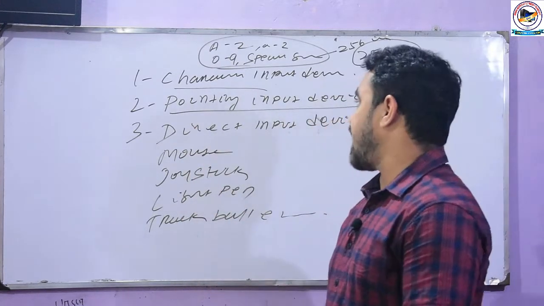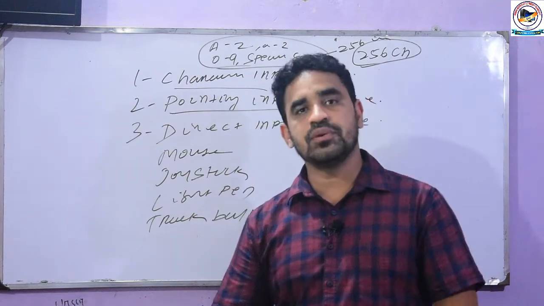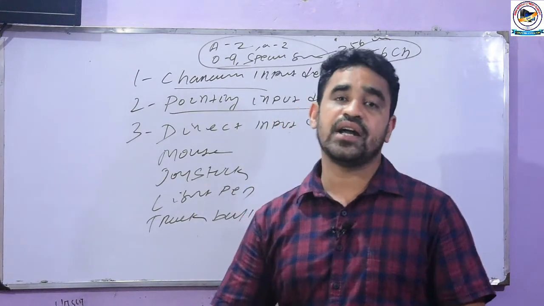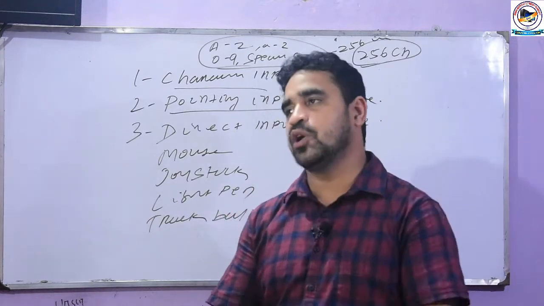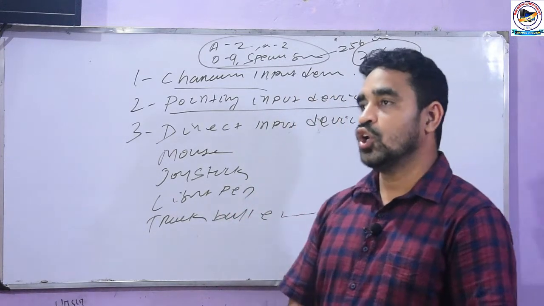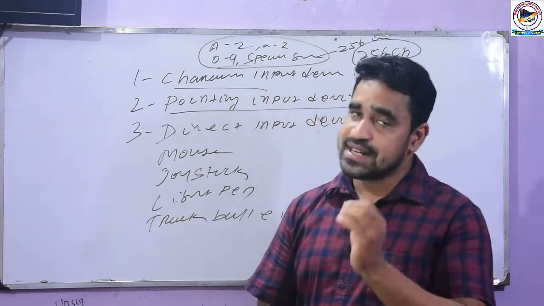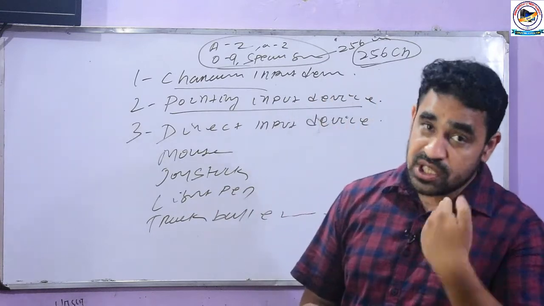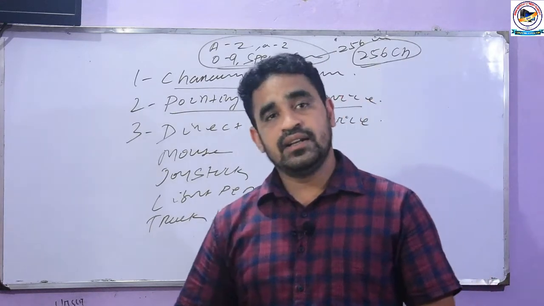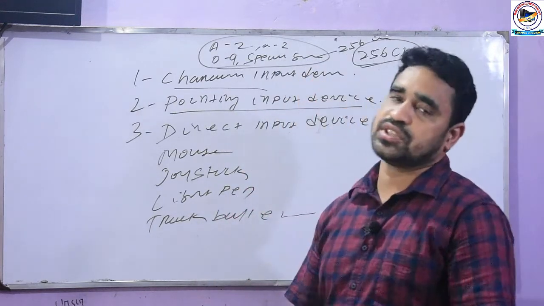Then another is the direct input device. Through the direct input device we enter the data directly into the computer without any typing or without any pointing. For example, we use the scanner as a direct input device. When we use the scanner, it scans the data and displays it directly on the monitor screen.